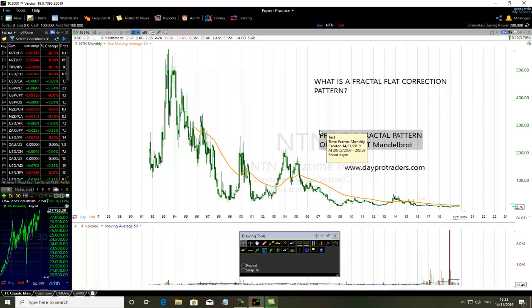Now, as a linear wave trader, talking about the linear wave pattern, especially the flat correction, one should be able to recognize and isolate when a linear wave pattern becomes a predictive fractal pattern.